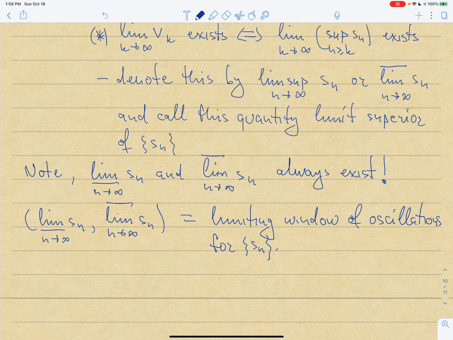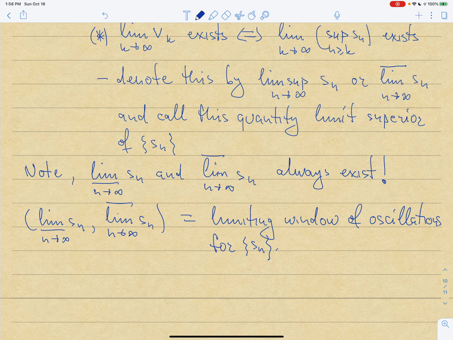And so then from this I can also see a fact I'm going to prove in the next lecture, that if a limiting window of oscillations actually is going to have lim inf and lim sup being the same, then that means that actually the sequence converges, because the sequence must sit between two numbers, lim inf and lim sup, and if those numbers are exactly the same, then the sequence converges.